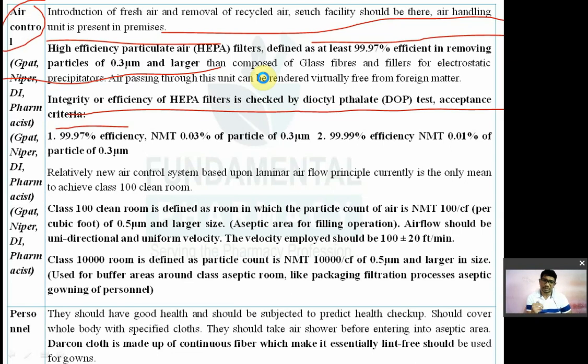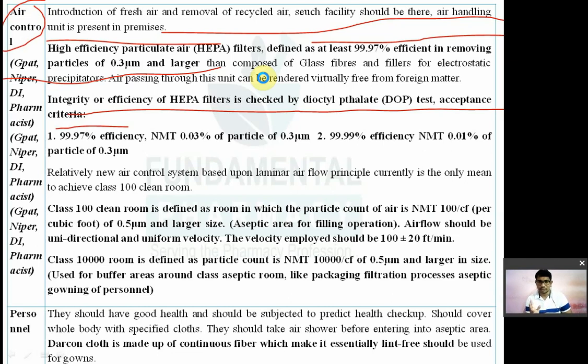So HEPA filters are defined as 99.97% efficient if not more than 0.03% of particles having a size of 0.3 micron pass through. It should not pass more than 0.03% of 0.3 micron size particles. If more passes, then it is rejected.